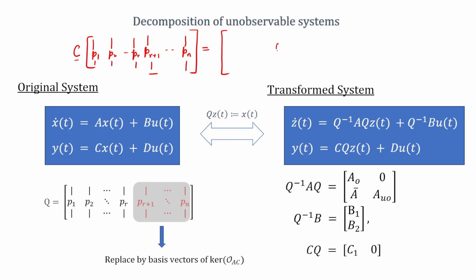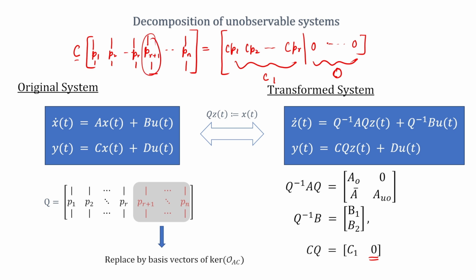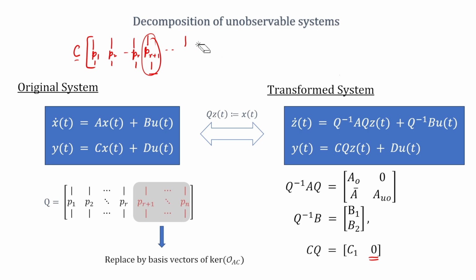So C into P1 is C of P1, C of P2 up to C of PR. But after that, this will start to be 0, right? And this part we are calling as C1, and this part we are calling it as 0. Why is this 0? Because we know that PR plus 1 is in the kernel of OAC, which means C of PR plus 1 will be 0, similarly C of Pn will be 0. And that is the reason you are getting this nice form.